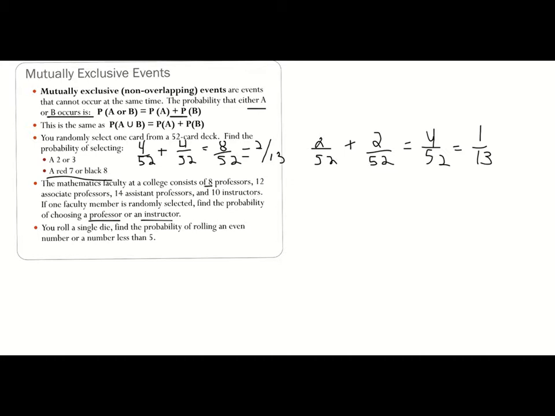If I add 8, 12, 14, 10 together to get the total, I know I have a total of 44 faculty members. And we want a professor, so there are 8 out of the 44 that are professors, plus, because we have the keyword or, and that means to add, an instructor, which there are 10 out of 44. So we end up with 18 out of 44. And then we can simplify it and make it 9 over 22.